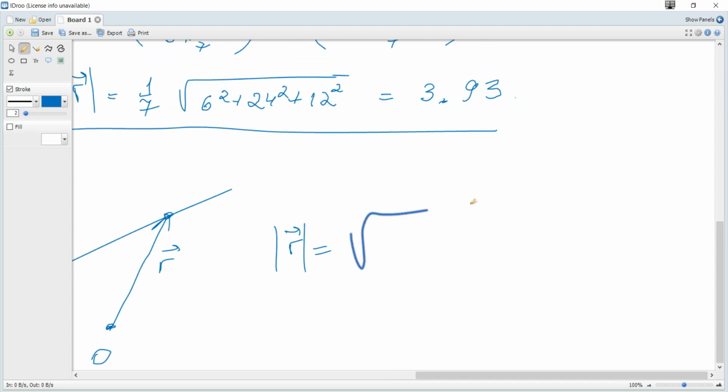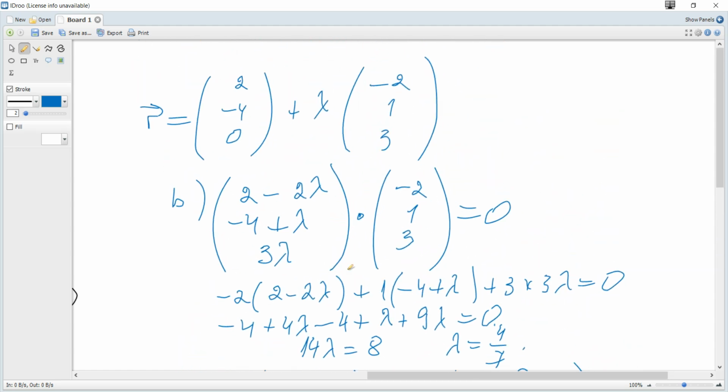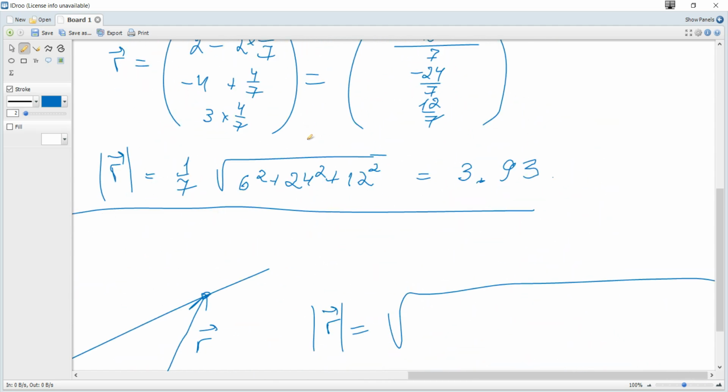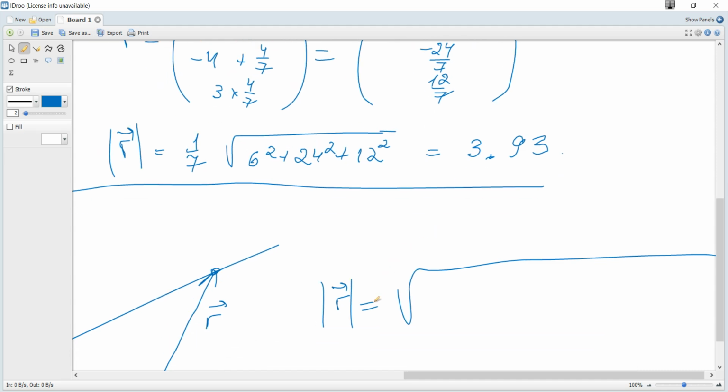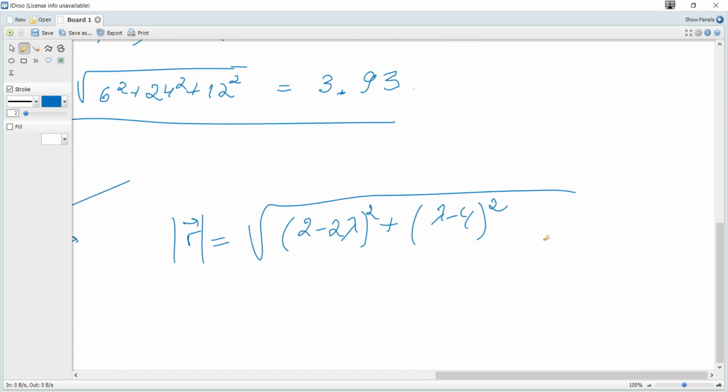So it's the square root of this, and again the magnitude or length of a vector is the sum of squares of its components, so it becomes (2 minus 2 lambda) squared plus (lambda minus 4) squared plus (3 lambda) squared.